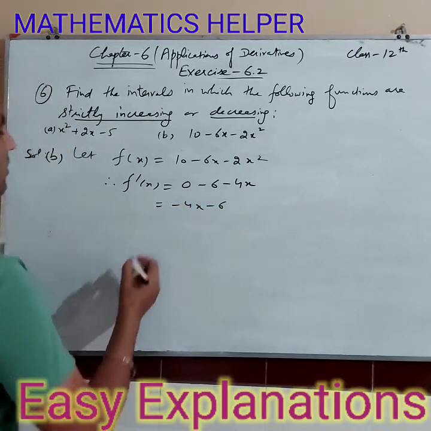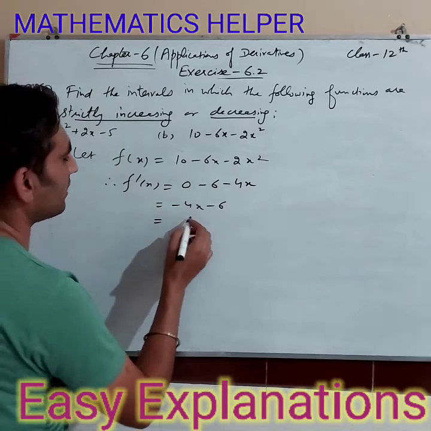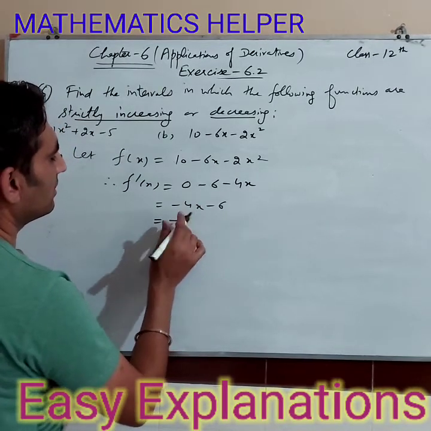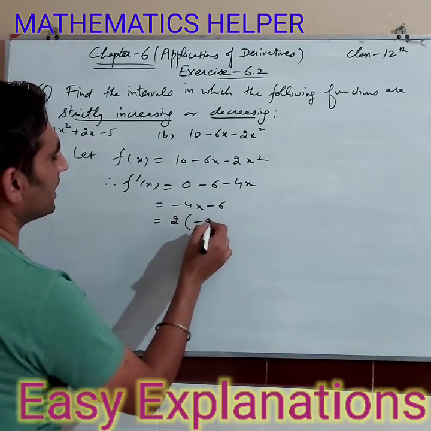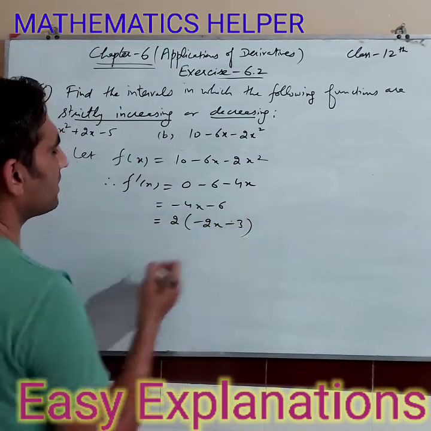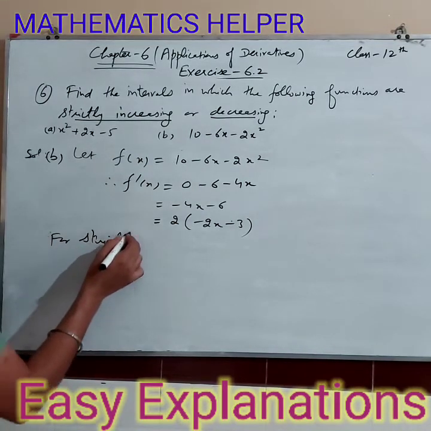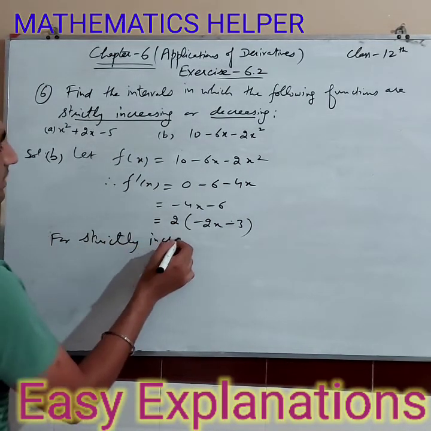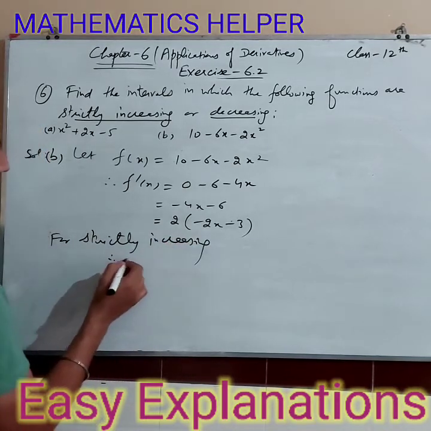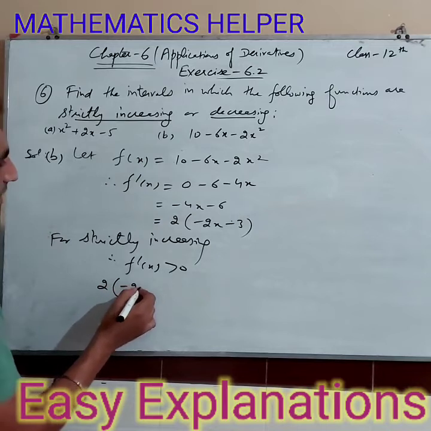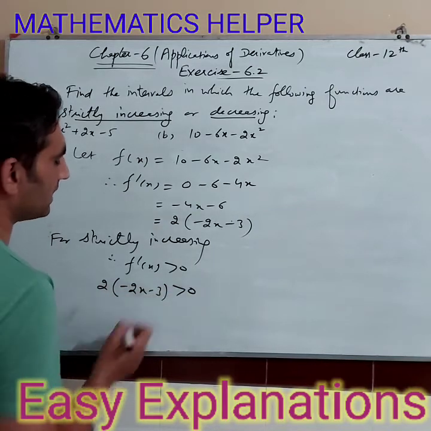And if we follow calculations after this, write 2 common, minus 2x minus 3. So we have this. For strictly increasing, the derivative should be greater than 0, or 2 into minus 2x minus 3 should be greater than 0.